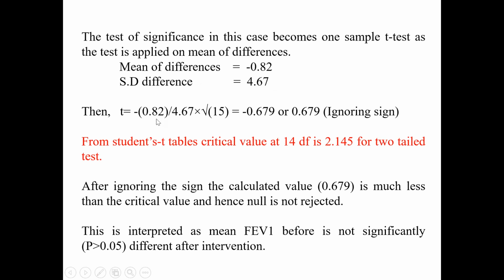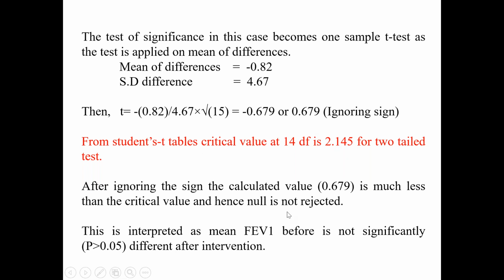So the mean of the differences divided by the standard error of the mean differences, where standard error is standard deviation divided by square root of n, becomes 0.6. We ignore the sign for the t value because we just want to know how large the difference is. From the t table, the critical value for 14 degrees of freedom is about 2, and this value of 0.6 falls on the left hand side of the t distribution table.